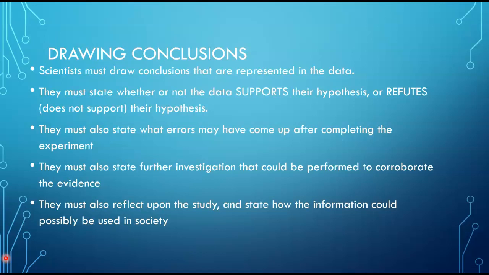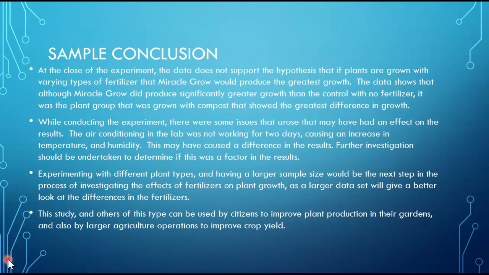So here's an example or sample conclusion. I put it in bullets, but it should be in a nice paragraph, but I just wanted to show the 4 different things. So the first thing that we do is say whether or not the data supports or refutes our hypothesis and restate the hypothesis.